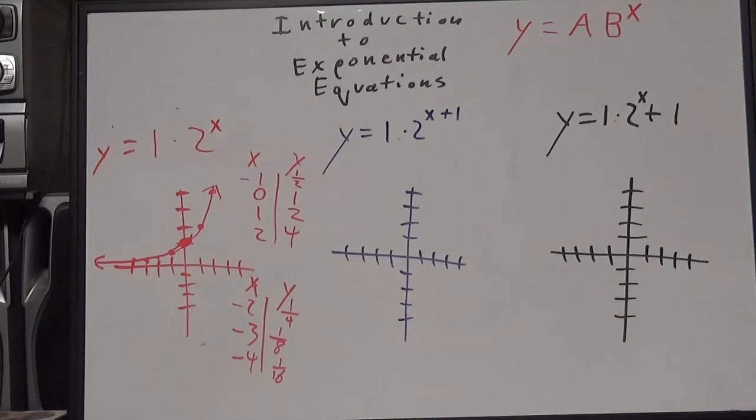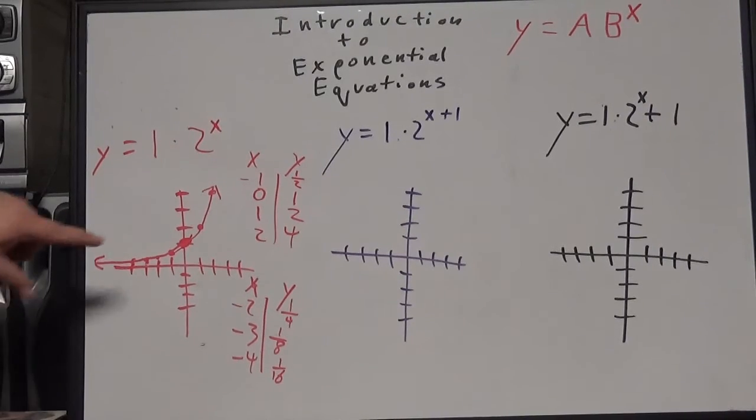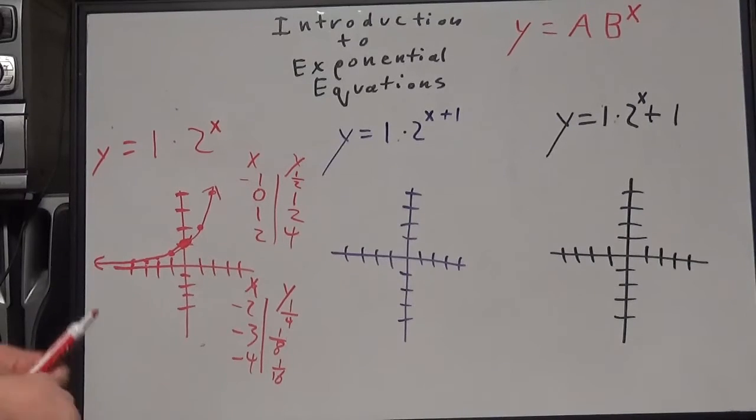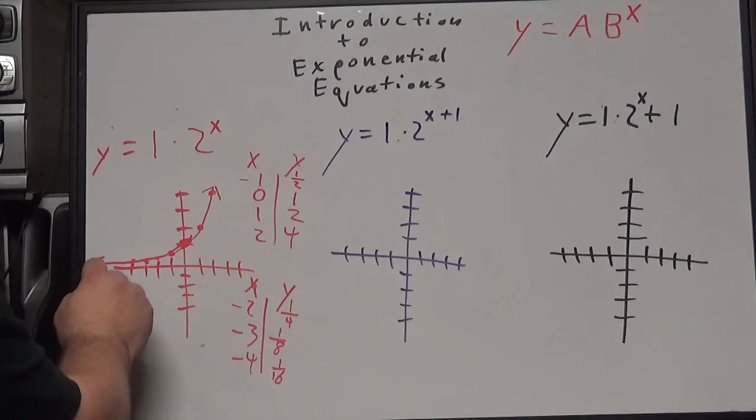And that's because of the rules of exponents. If you don't believe that, you can put it in a calculator and you will. So this line I want to point out is called the asymptote.